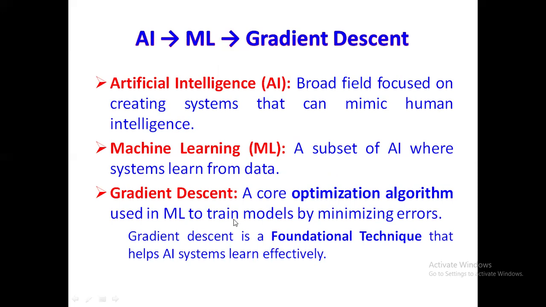Gradient descent comes into play as the foundational optimization technique within machine learning. It is used to adjust the parameters of machine learning models, like weights and biases, to minimize the error between the predicted output and the actual output. Essentially, gradient descent enables the learning process in machine learning, and since ML powers much of modern AI, it becomes a vital component of AI itself.